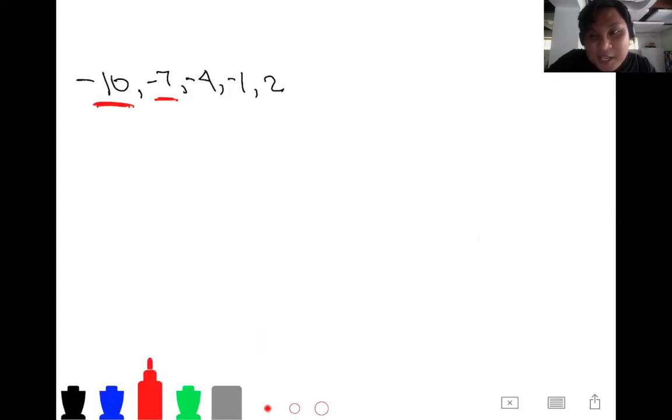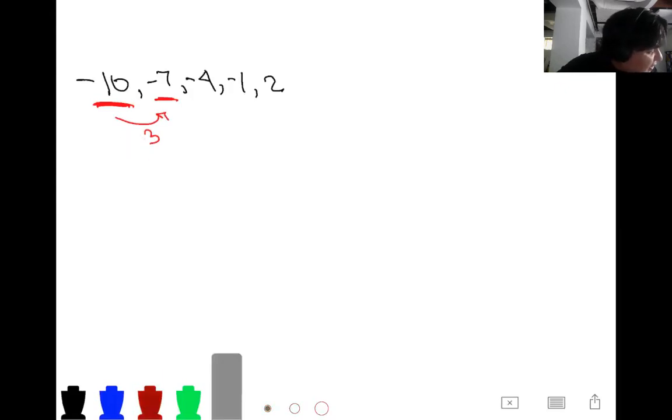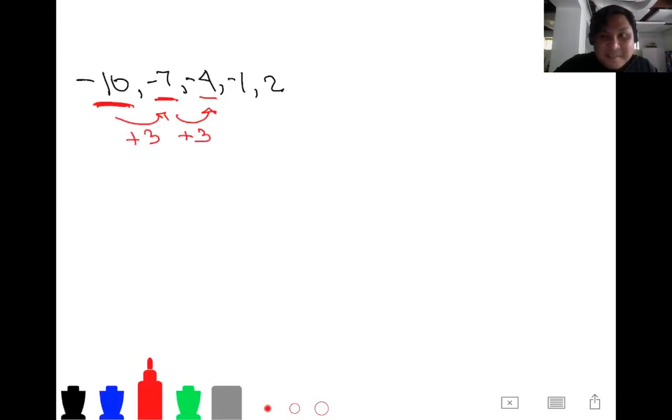But let's start with something easy and see whether that formula sticks. Let's start with just adding 3. -10 plus 3 is definitely -7. From -7 going to -4, again, we add a 3.